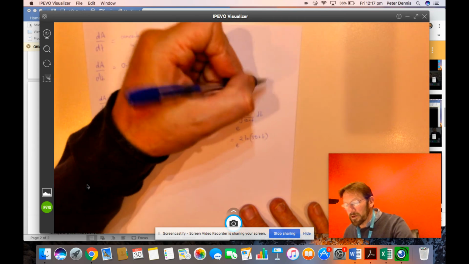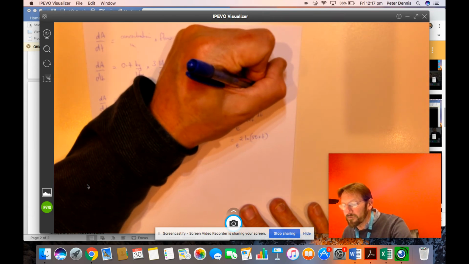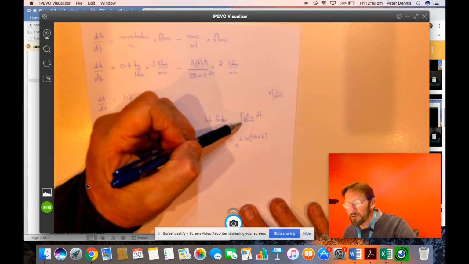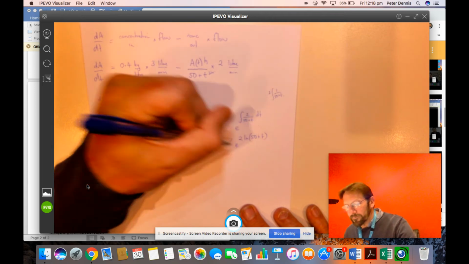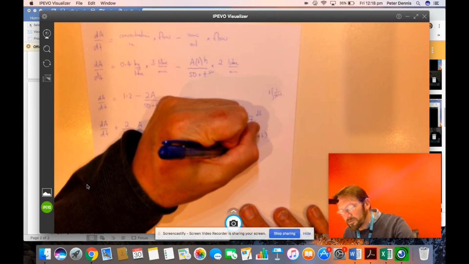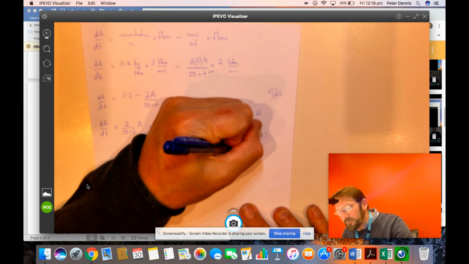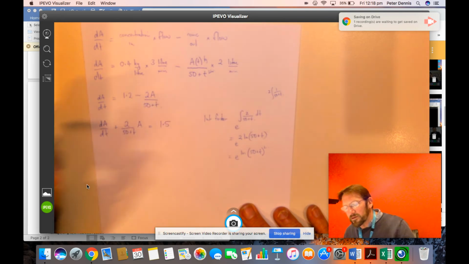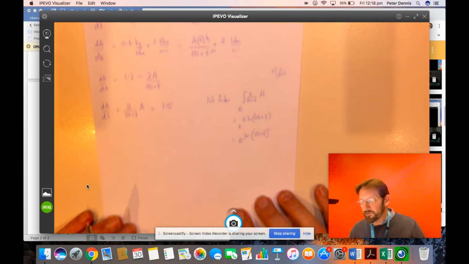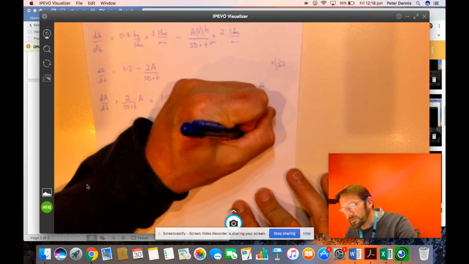If this was 2 outside of the integral of 1 over 50 plus t, I can see that the derivative of the bottom is 1, so it's going to be the log. I want to pretty this up a little bit more, so I might write it as e to the log. Remember, if there's a 2 out the front, I can take it up to the power, 50 plus t squared. Nice thing about this is that e and the log cancel out, so our integrating factor is just 50 plus t squared.